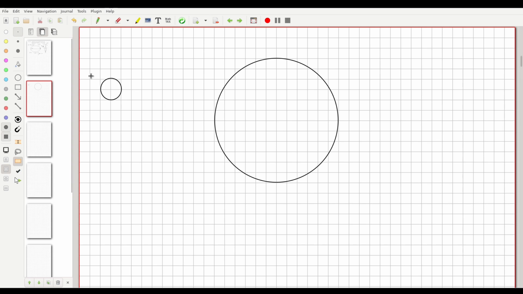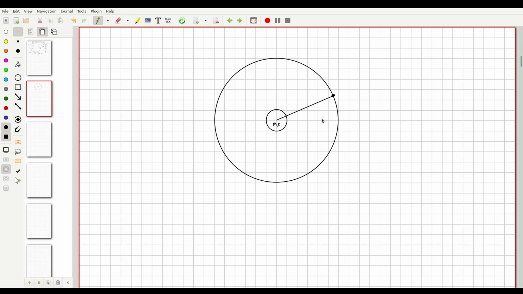So, again, here's our sun. Right here, stuck in the center. And here's our planet going around. Maybe there. The sun is going to have a mass.